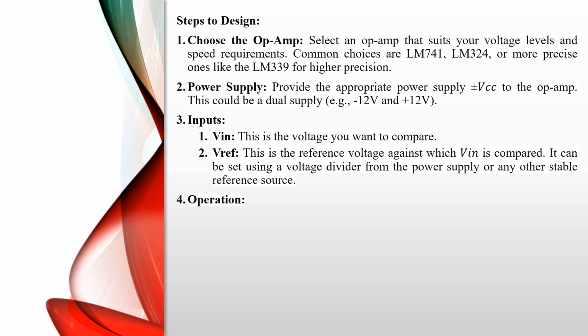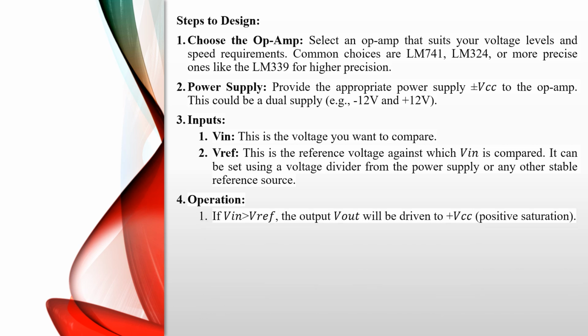That means if the input voltage is greater than the reference voltage, then what is the output of the op-amp? The first condition is if V in is greater than V reference, the output voltage of the op-amp will be driven to plus VCC.